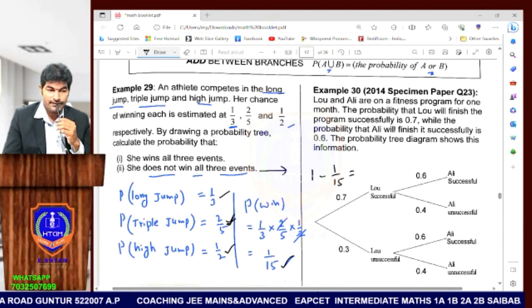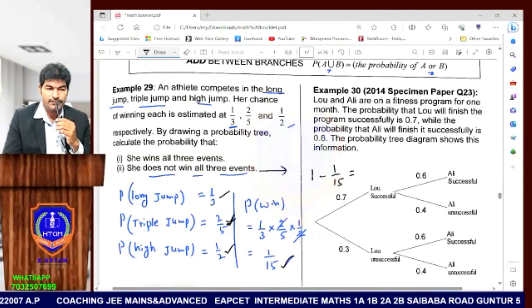Did you understand this situation? The question says she does not win all the 3 events. She can win 2 events, 1 event, but you have to avoid all the 3 events. Yes, it includes all failures also.